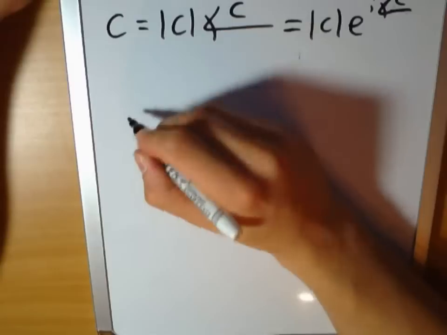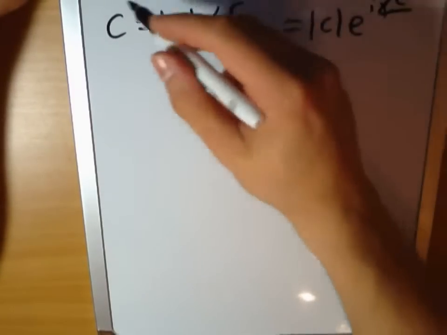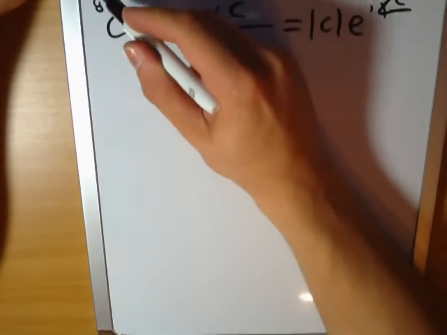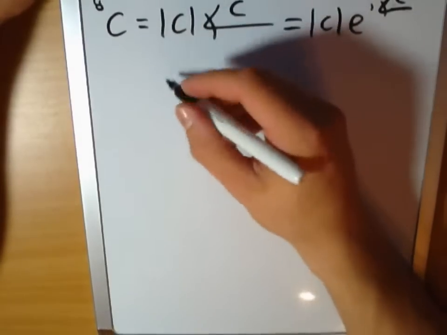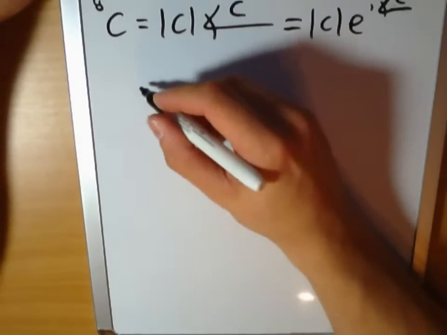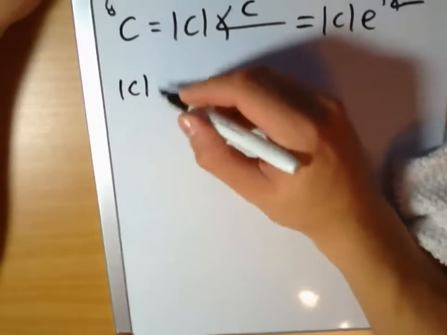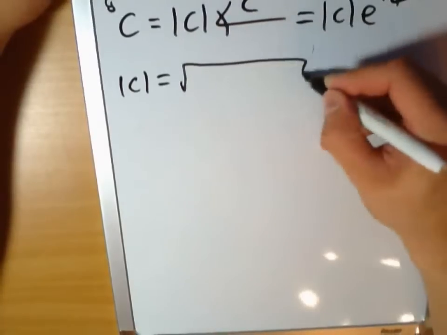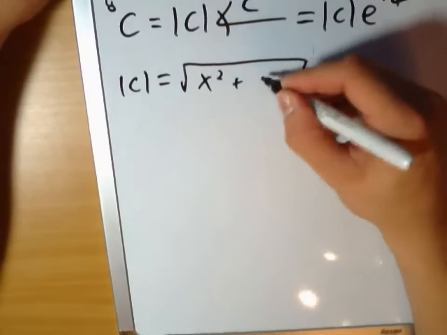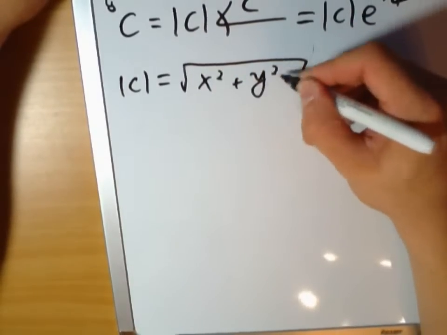So what you have to do is you have to figure out how are these two related? And so the absolute value function, you've probably done that a million times. So you have magnitude of C is very simply the square root of x squared plus y squared.